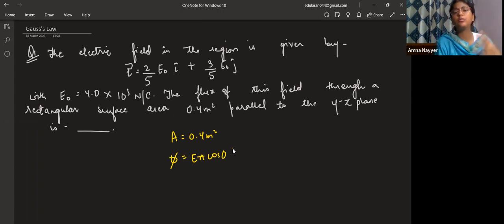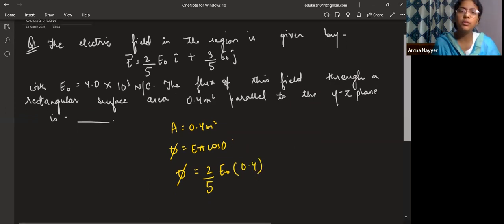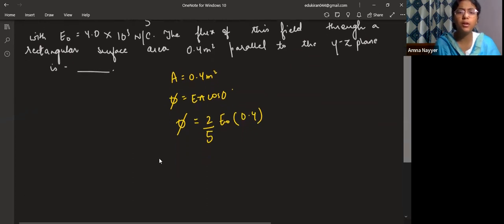So we have to consider the angle as 0, because if it was given anti-parallel, you would have taken 180. If it would have been given normal, you would have taken 90. So simple EA. Only consider the 2 by 5 component. So 2 by 5 into E naught multiplied by the area, 0.4. The value of E naught is also given, so you can do this calculation yourself.